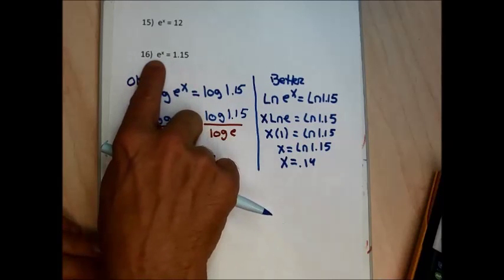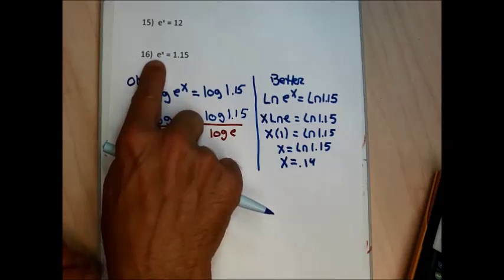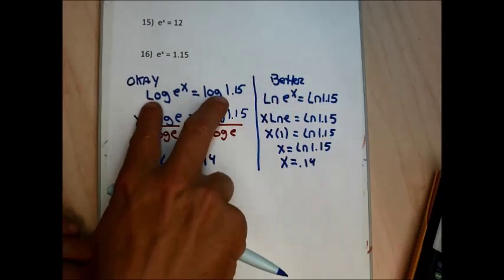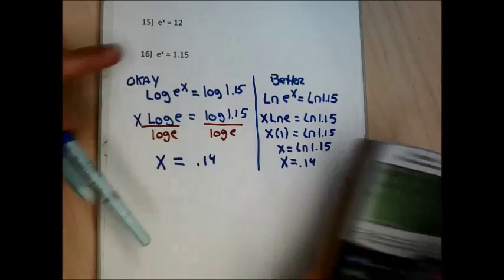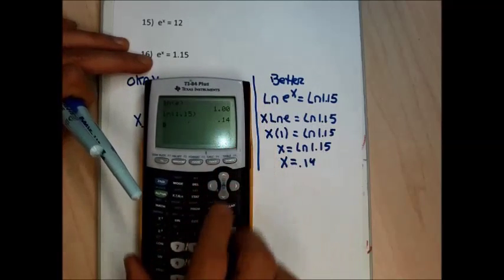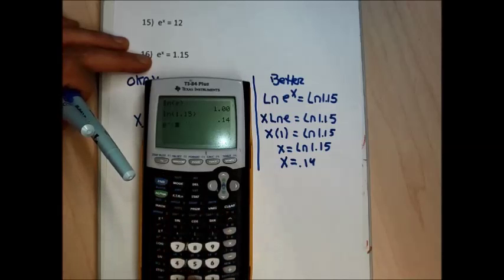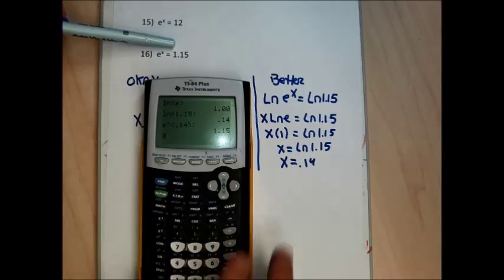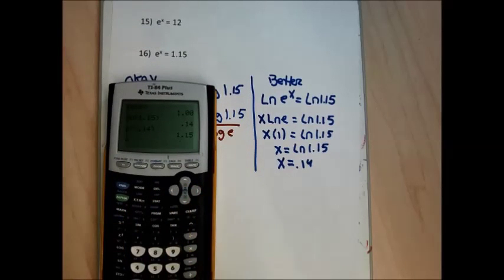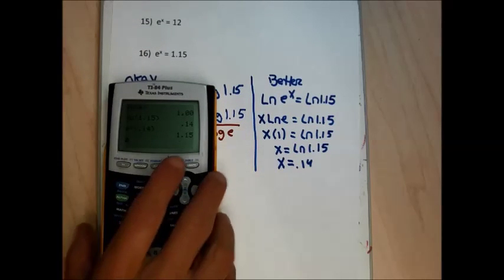Anytime I have an exponential equation and there's a base of e, I'll take the ln of both sides. If the base is anything other than e, I'll take the log of both sides. Both answers should check. To check, I'm going to plug in 0.14 for this x and go second and then ln, type 0.14, and then it actually came out exactly because my calculator is rounding to 2 decimals, so that feels really good for an answer.